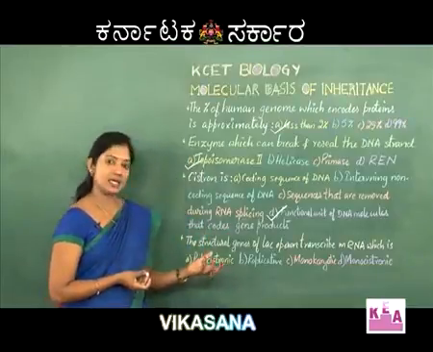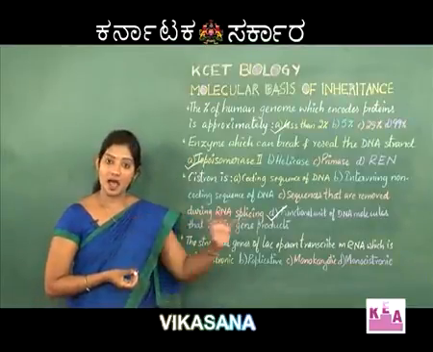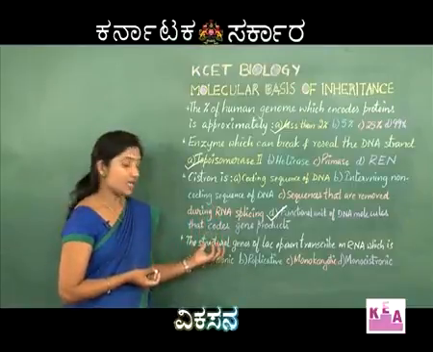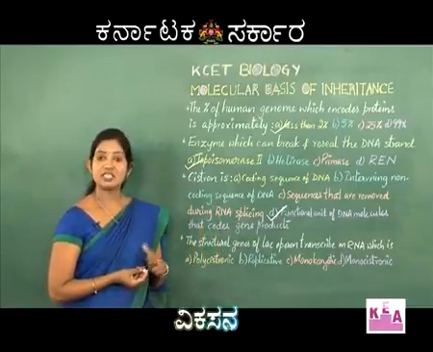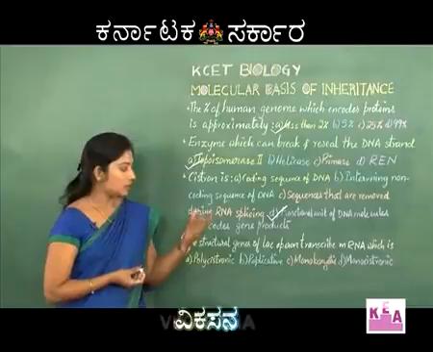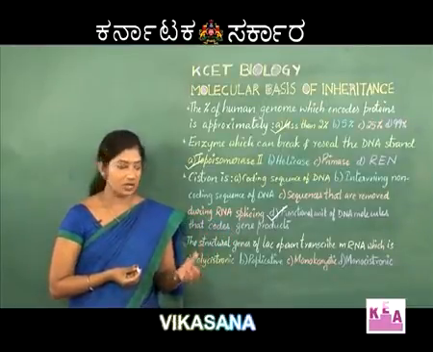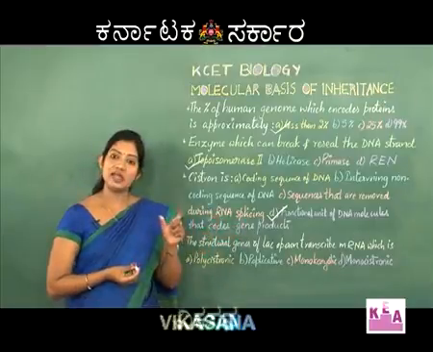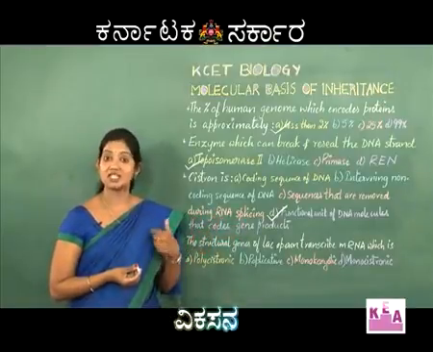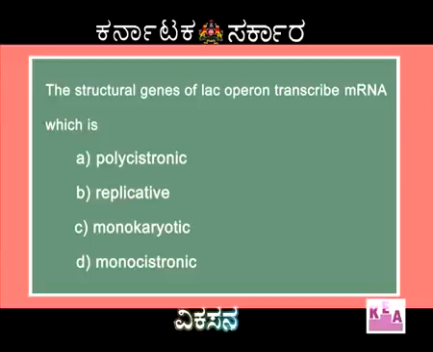So basically, if you take a RNA, in case of eukaryotes, it is found that the RNA does not get transcribed completely. Only the part which is required gets transcribed. That's why we say monocistronic. Mono stands for single. So one cistron is transcribed at a time.